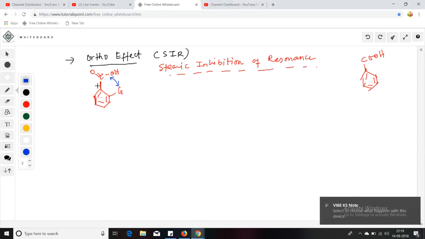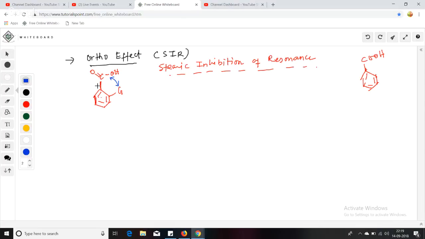So if it is planar, resonance is possible. But when the group is present at ortho position, because of the repulsion or size of the group and the carboxylic group, the carboxylic group changes its position, and hence resonance is not possible now, because the molecule is not planar. So this effect we call the ortho effect, right? And since resonance is not possible now, we call it steric inhibition of resonance.